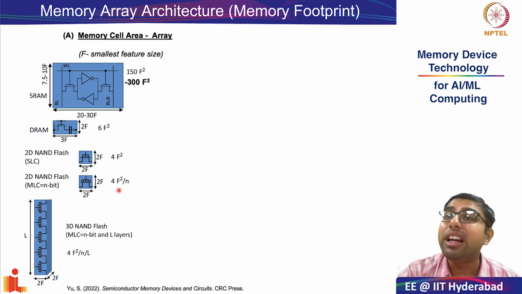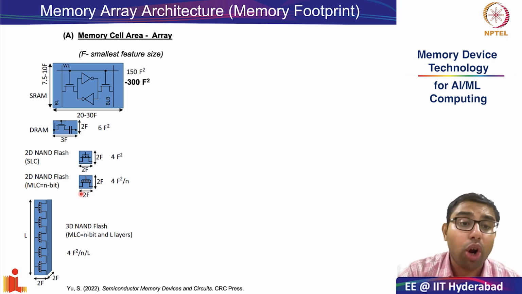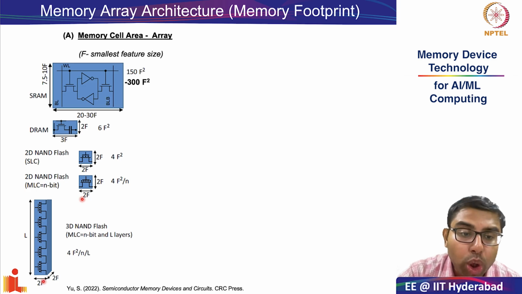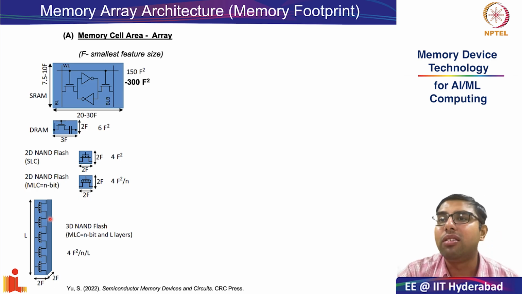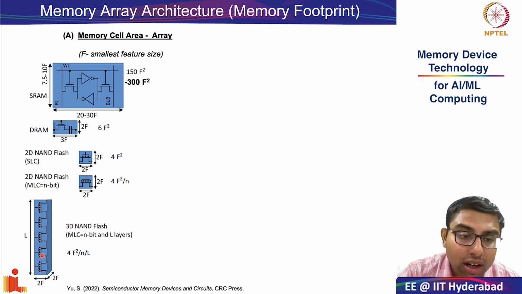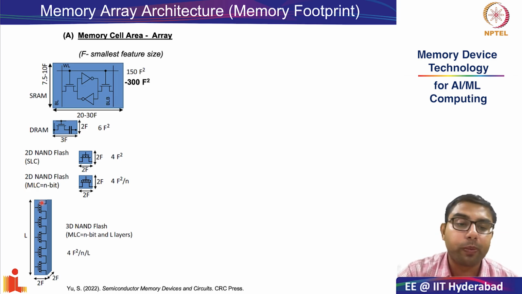Things become even more interesting when you go to 3D NAND flash multi-level cells. This is because in a 3D NAND flash multi-level cell, you are not only scaling in terms of area, which is F, but you are also doing vertical scaling. In the same footprint of 2F and 2F, you are integrating several NAND flash floating gate transistors vertically.